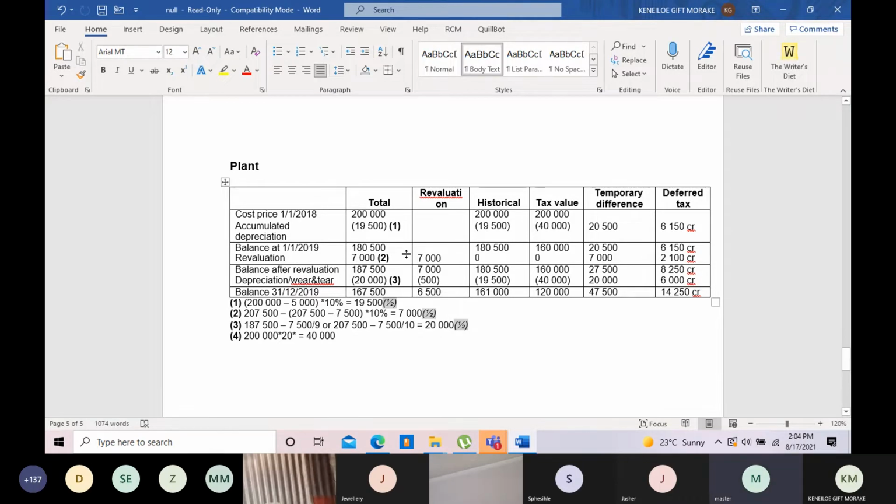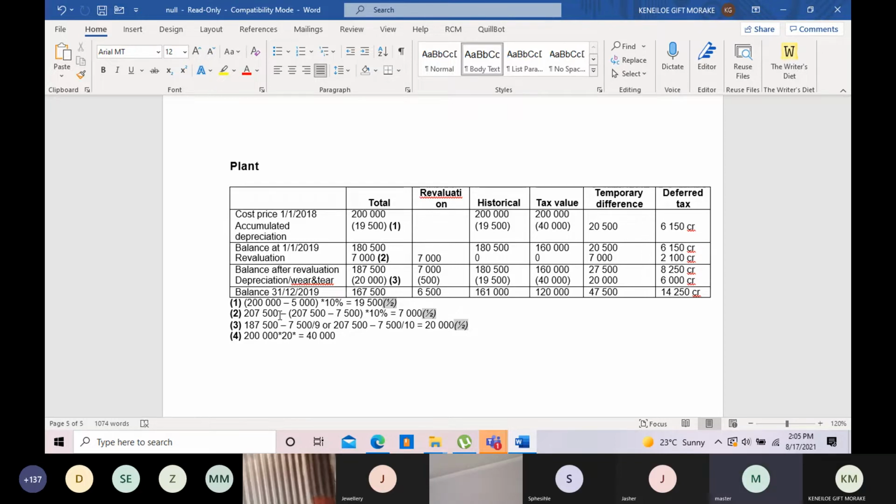How do you then determine the 7,000? Let me show you. It is very, very simple, this thing. You have to say 207,000, which is your gross replacement value.